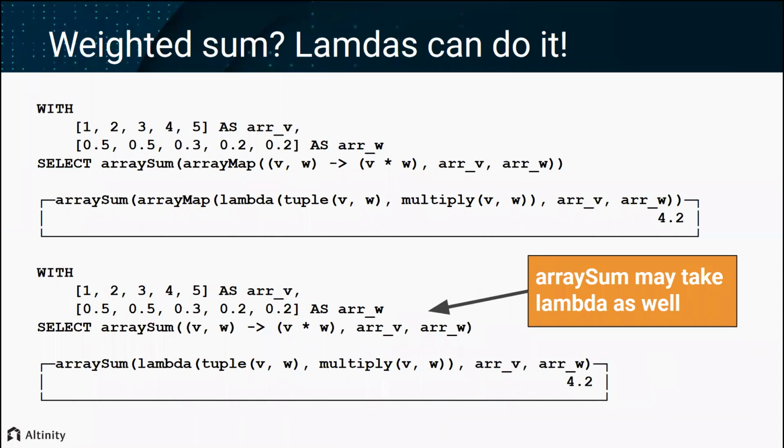But as I mentioned a bit earlier, array sum also allows us to use a lambda, and if we use a lambda expression in array sum, we can calculate it in a single function call. So in one call, we already calculate the weighted sum, which is very concise and very effective.